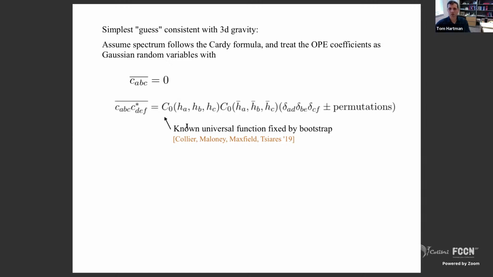So C0 is a known universal function that's been studied earlier. This is like the minimal consistent thing that could plausibly have something to do with gravity. It satisfies the bootstrap constraints.